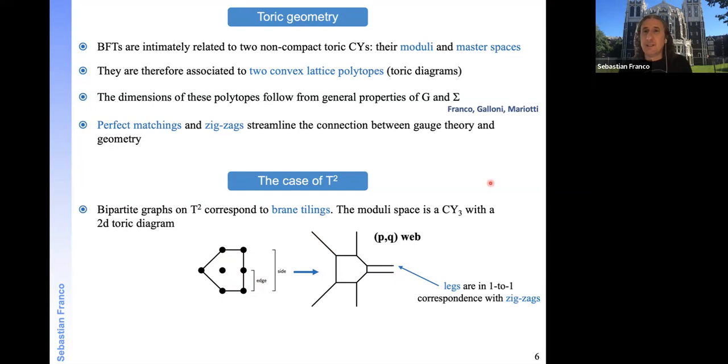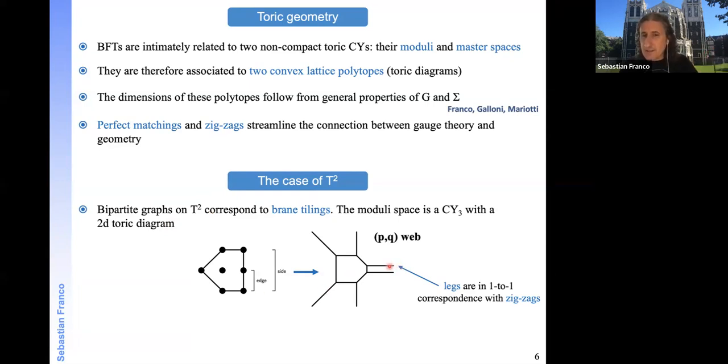Here you have a lot of objects, and again, I'm packing a lot of information. For many of you it's a well-known fact; for some of you, it will come as new information. You can go back and read about these things. There's a brane tiling associated to this, or in general many brane tilings associated to this toric diagram. Those brane tilings have zigzag paths, right?